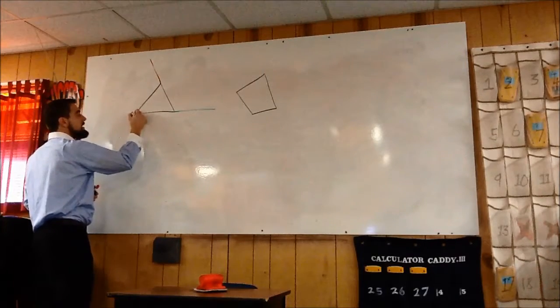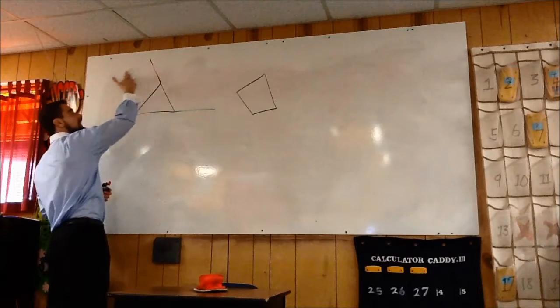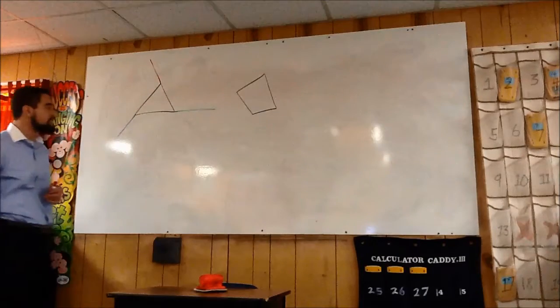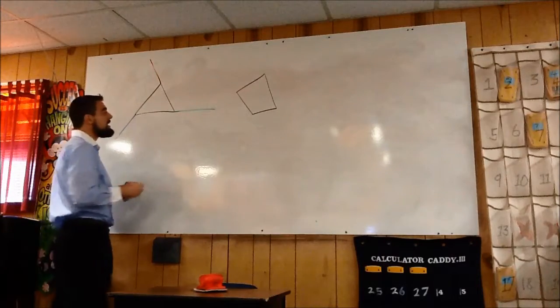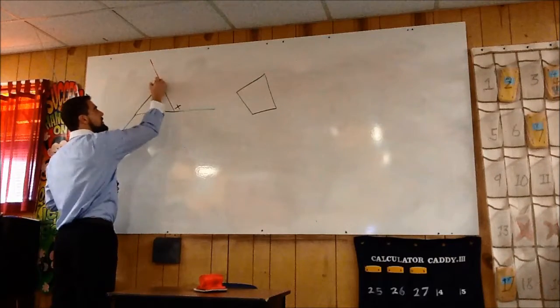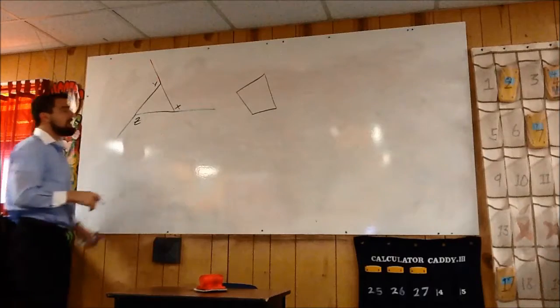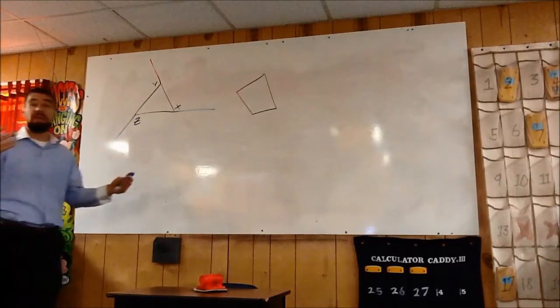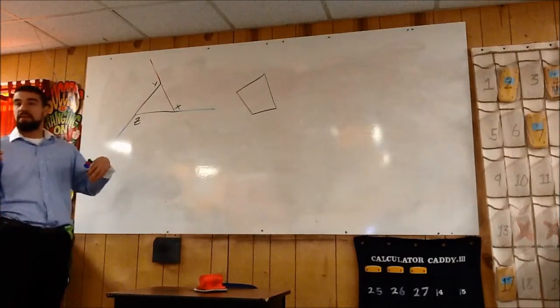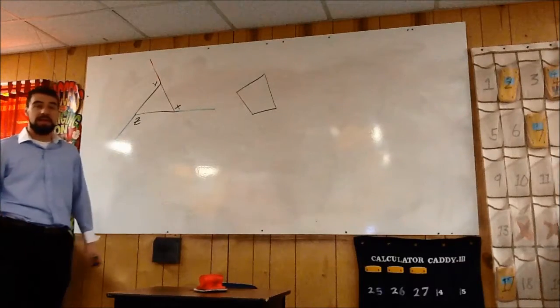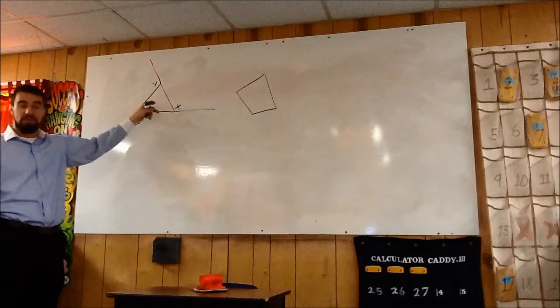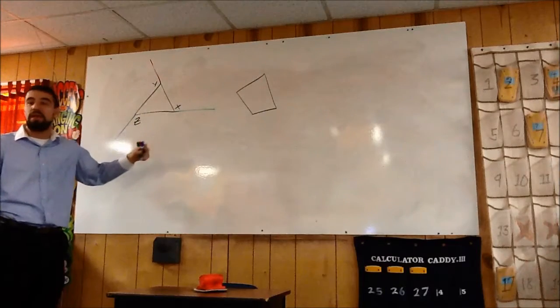So I started here, and I'm going counterclockwise. And so now I've created X, Y, Z, and those are those exterior angles. However many sides a shape has, that's how many interior angles it has, and that's how many exterior angles it has. So the triangle has 3 sides, 3 interior angles, and 3 exterior angles.